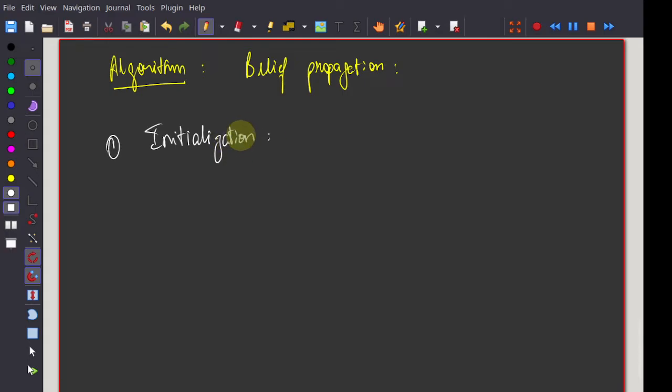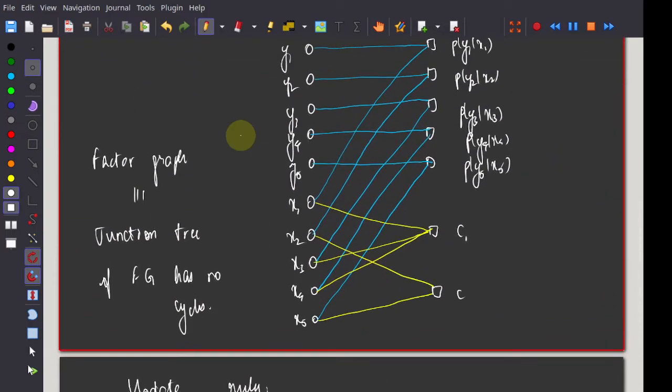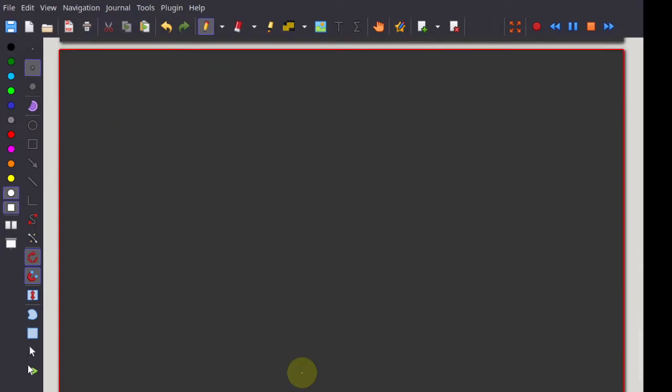The belief propagation algorithm is basically going to run on this particular graph. So let me redraw it in the following manner.